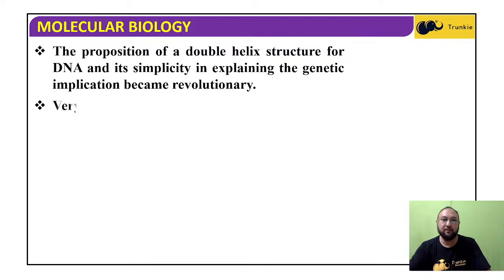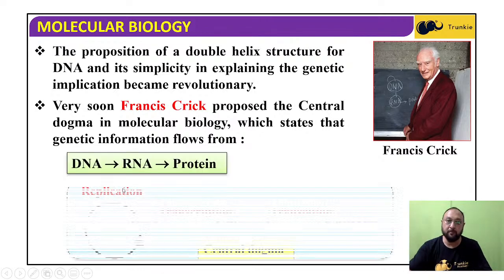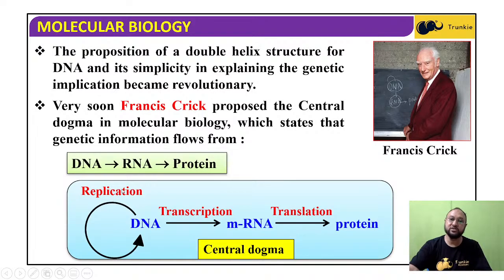Very soon Francis Crick proposed the central dogma in molecular biology, which states that genetic information flows from DNA to RNA and from RNA to protein. The message contained in the DNA is transcribed to mRNA, and the message copied from the DNA into the RNA is translated into amino acids or protein.